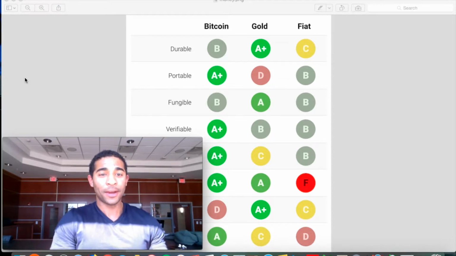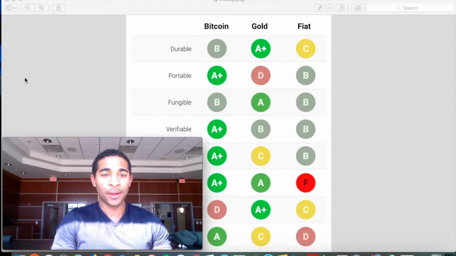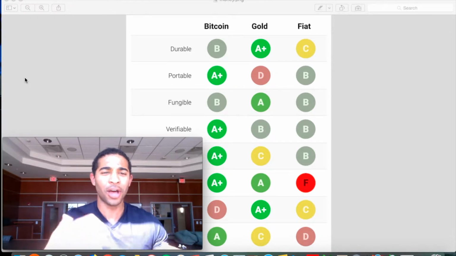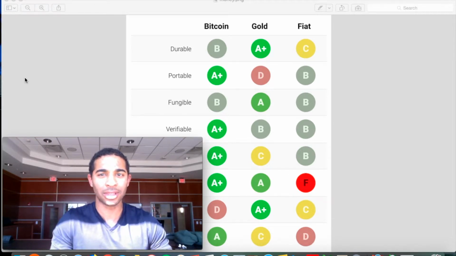Verifiability. Bitcoin wins out here. It's the most verifiable. Bitcoin is mathematically verifiable and cryptographically secured. Compared to gold and fiat, with fiat people can create fake money. This happens pretty often, but usually people can tell, and there's a lot of machinery and stamps that people use to check for this sort of thing.